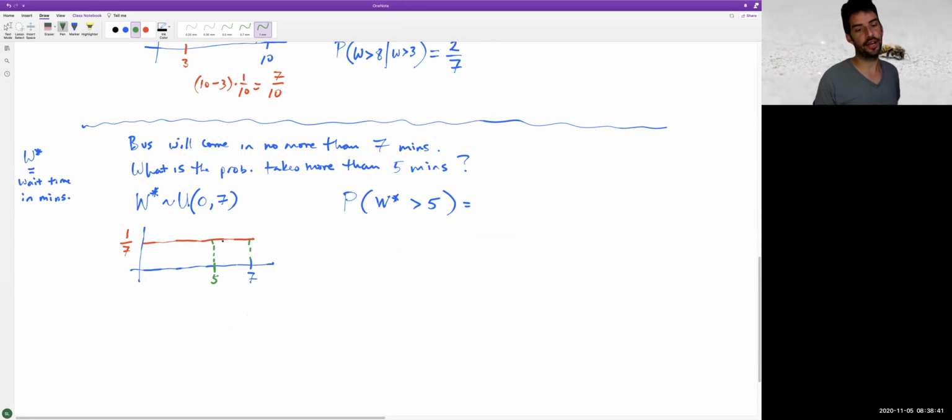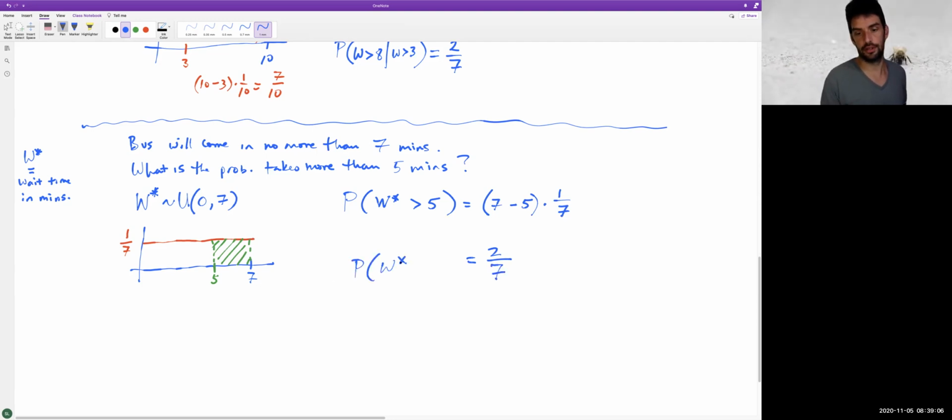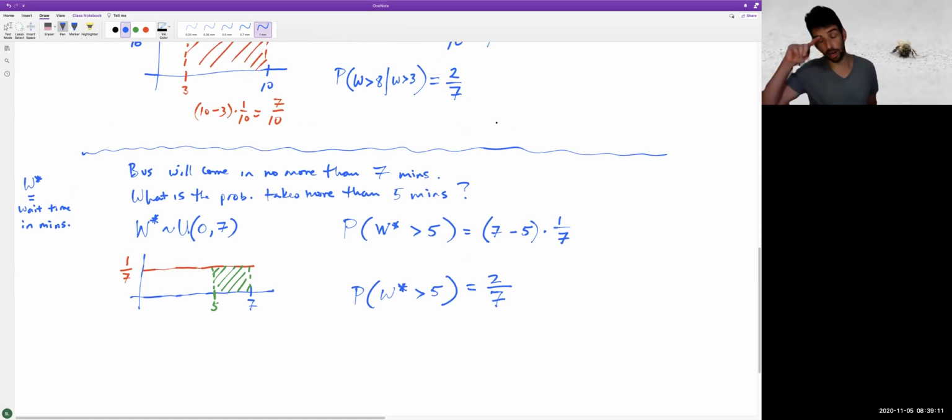I want greater than 5. That's this area here. Well, we know the width of that rectangle is 7 minus 5, and we know the height is 1/7. So we end up with 2 times 1/7, or 2/7, which of course is exactly what we got up above, right? There was nothing wrong with either way that we just did this, so they better come up with the same answer. And they did, right?